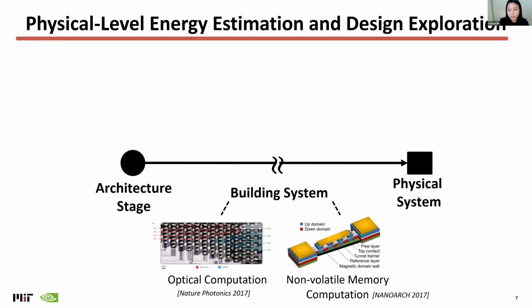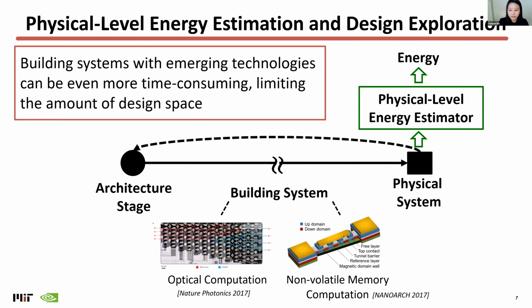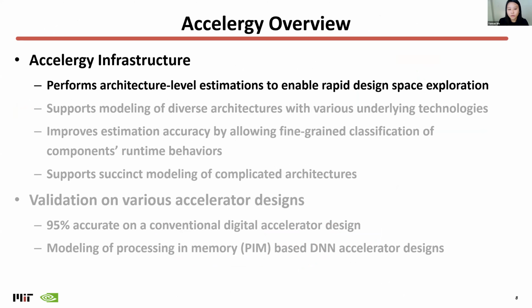Since building such emerging systems is even more complex than building the conventional digital design, such physical system development takes even more time, and using physical level energy estimators incurs more overhead under such a situation. So being aware of this, we developed Accelergy as an architectural level energy estimator, which helps us to enable rapid design space exploration. So how does the architectural level energy estimation work?